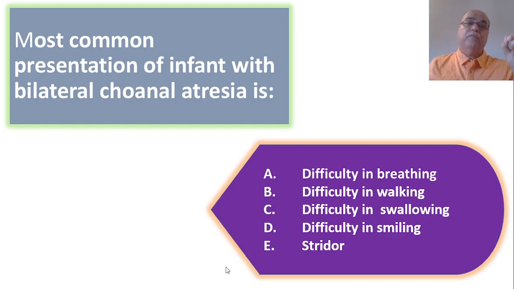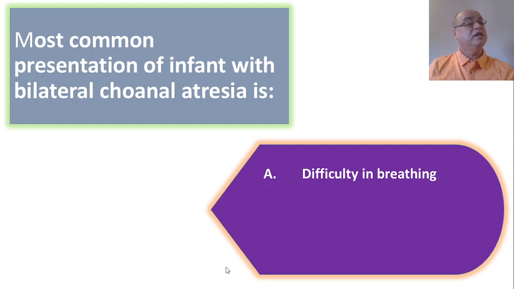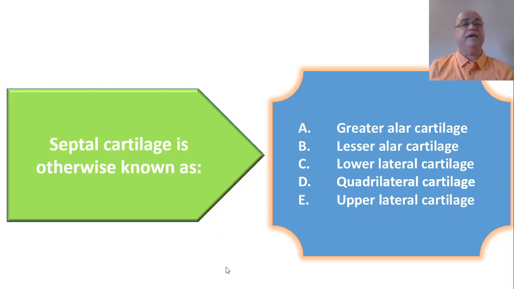So at birth we have to diagnose it as early as possible, and we have to restore the airway in case of bilateral choanal atresia, because the newborn infant will be having acute difficulty in breathing.